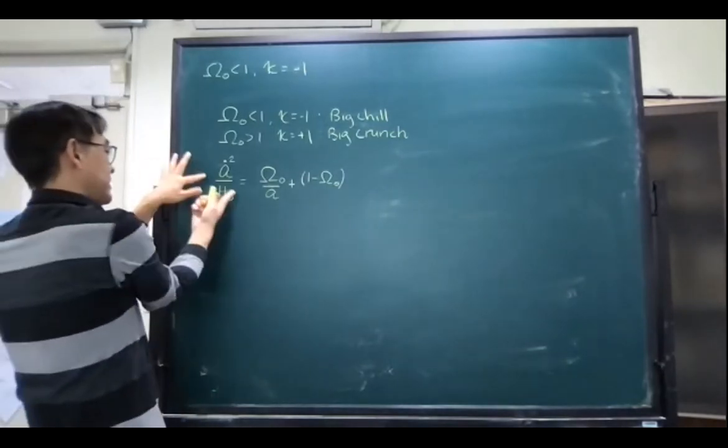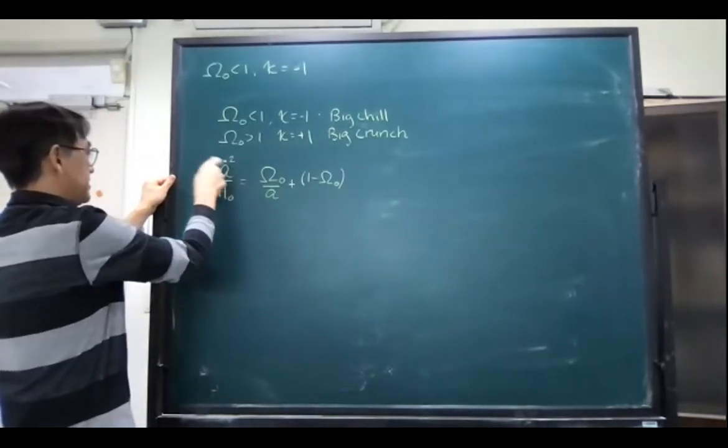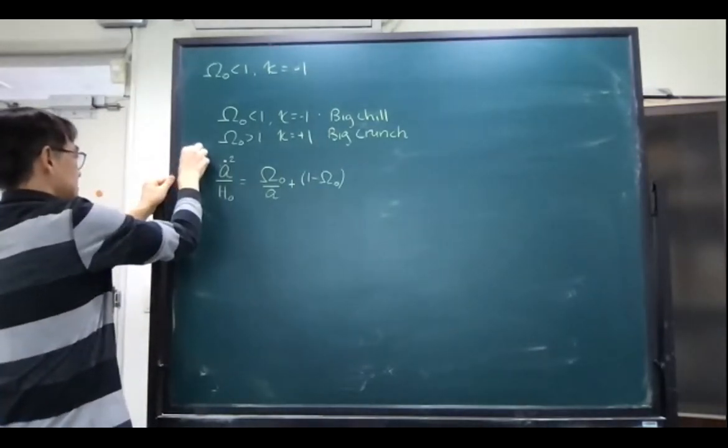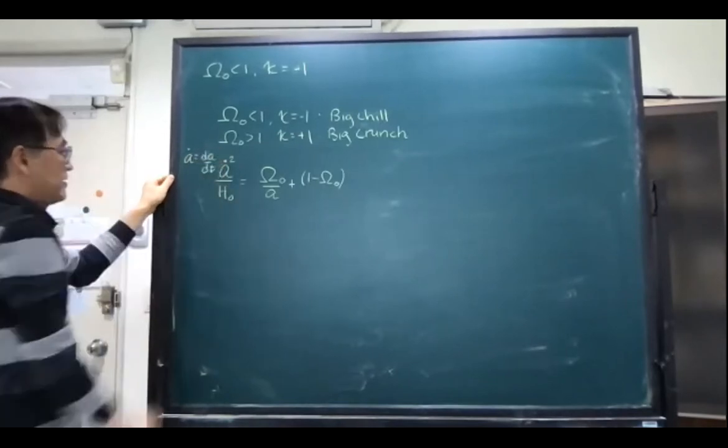So formally, I move H0, and a dot is dA over dt.